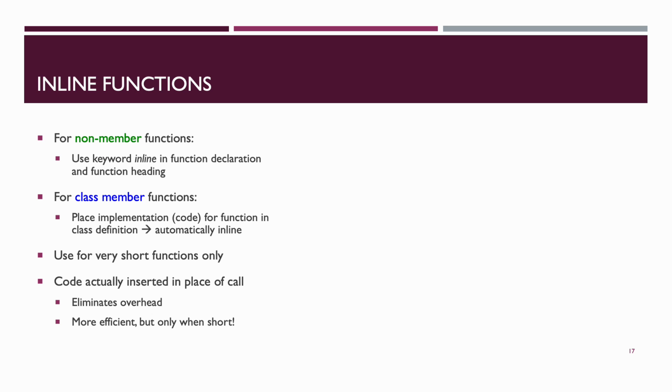This can result in slower performance due to increased instruction cache pressure, which is why inlining should be reserved for short, simple functions only. So, this is how we can use inline functions.